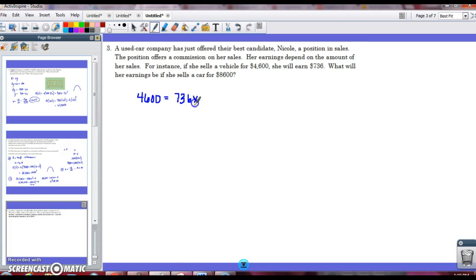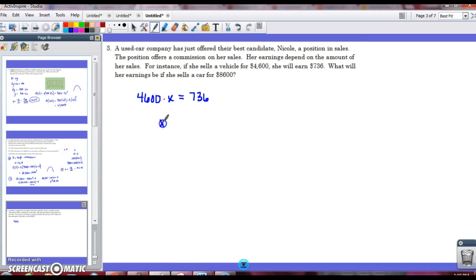But what is that percentage? We're trying to say, what percentage of that gives us the 736? I wrote that wrong. So 4,600 times some percentage has to equal $736. Okay, that's what we're looking for.